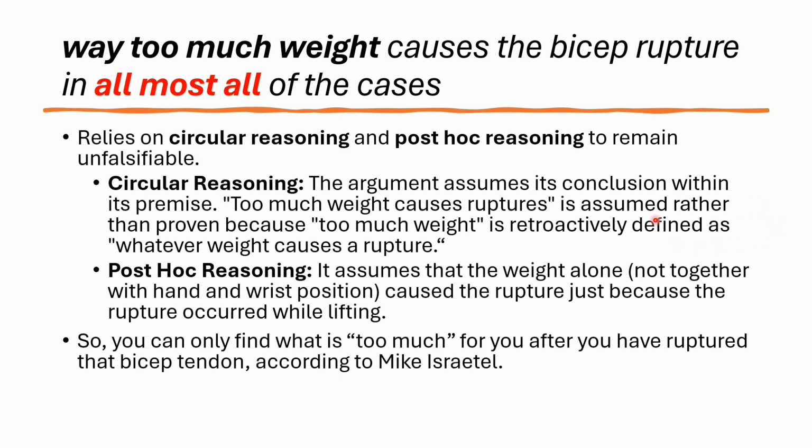And then snap goes your bicep, and then you go, hey Mike, I did the exercise like you told me to, and I don't have a bicep anymore. And Mike is like, yeah, it means that you use too much weight. Well, thanks, Mike. Now I know what my limit is.